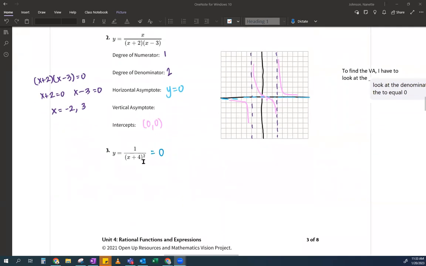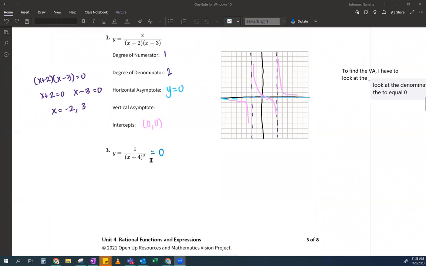But this one doesn't really make sense, because some of you are saying, oh, -4, Miss Johnson. But -4 plus 4 makes it 0, 0 squared, and then 1 divided by 0. You should have little alarms blaring, like you shouldn't be able to do this, right? So there is actually no number that would make this equal to 0.